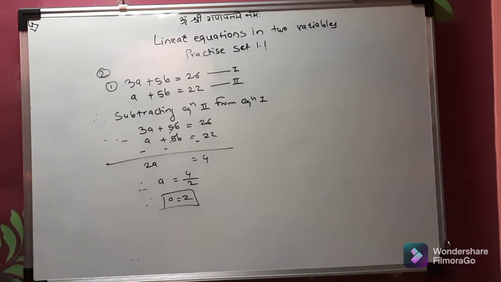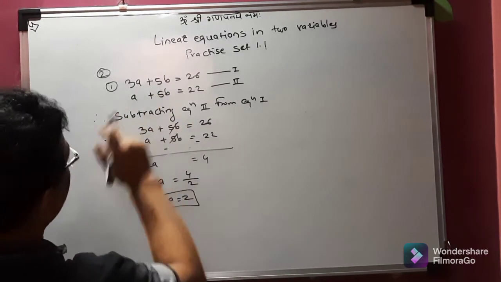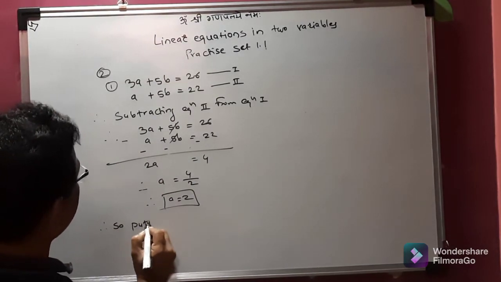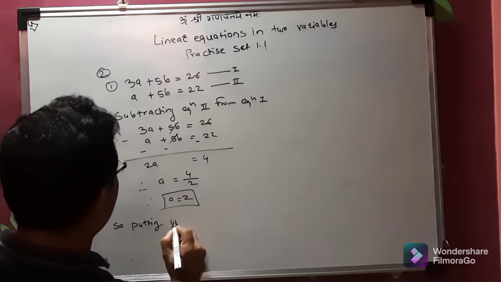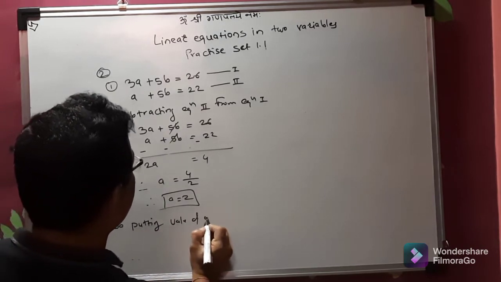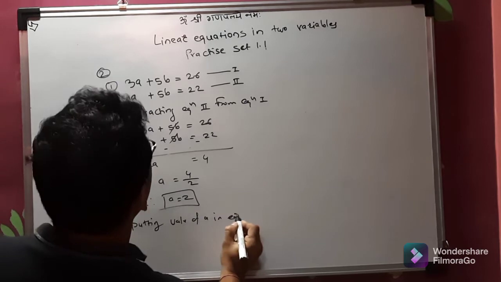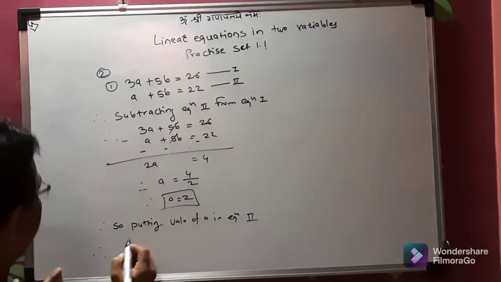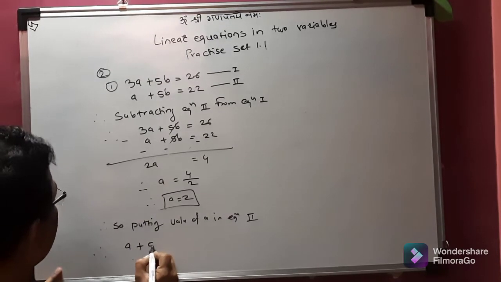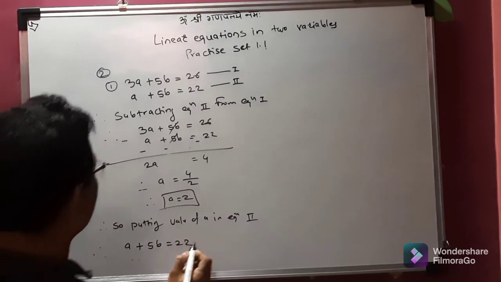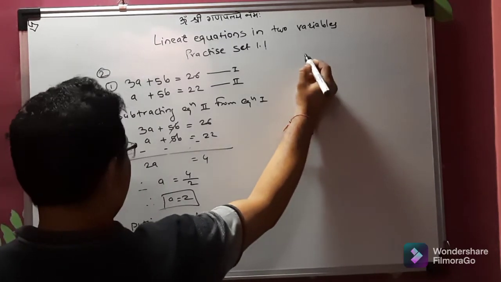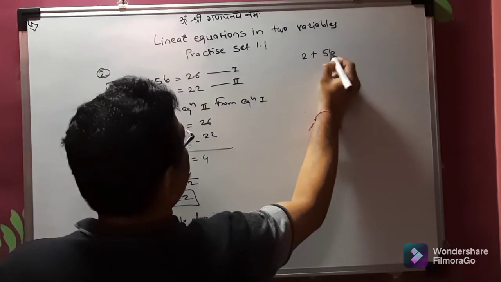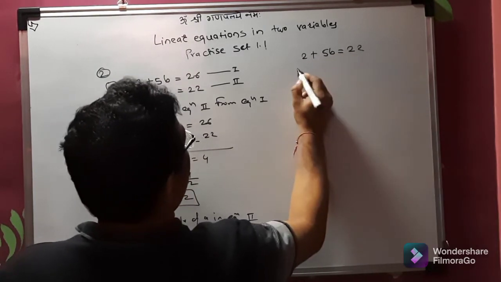Now how to move further? Now we have to calculate the value of b. So what will we do? Putting the value of a in equation number 2. Equation number 2 is a plus 5b is equal to 22. We know the value of a, that is 2, plus 5b is equal to 22.